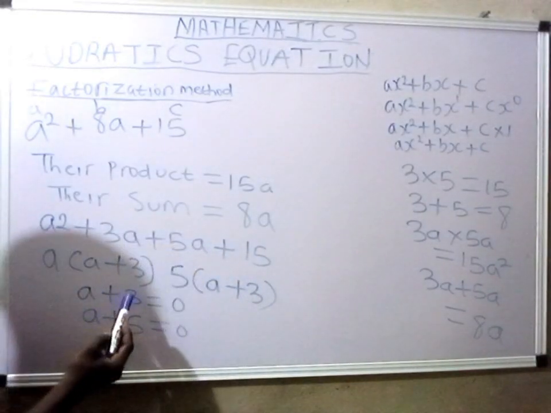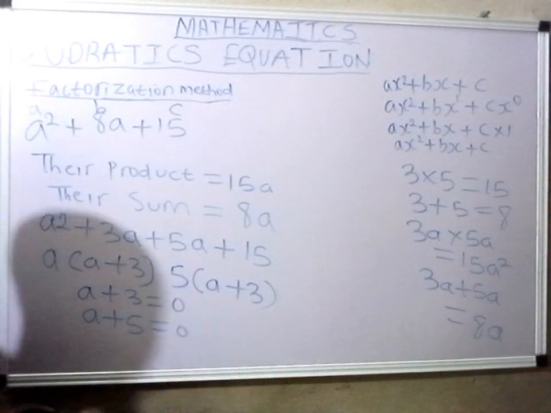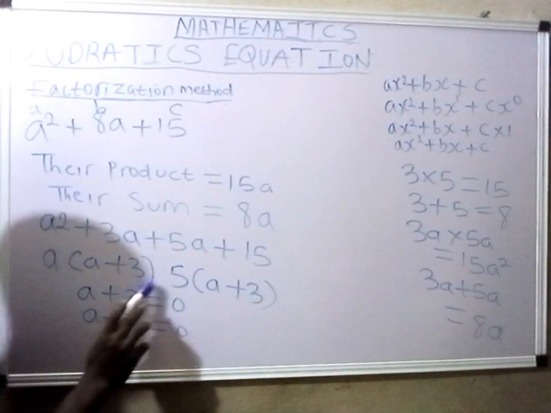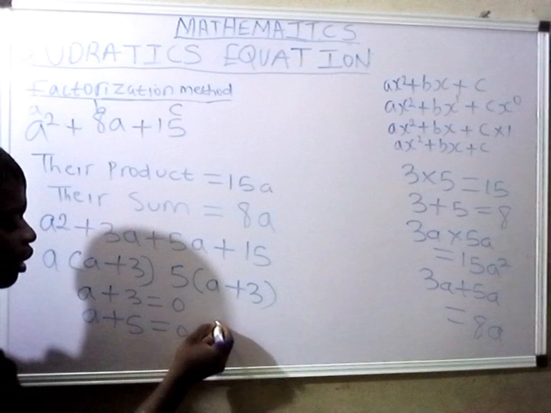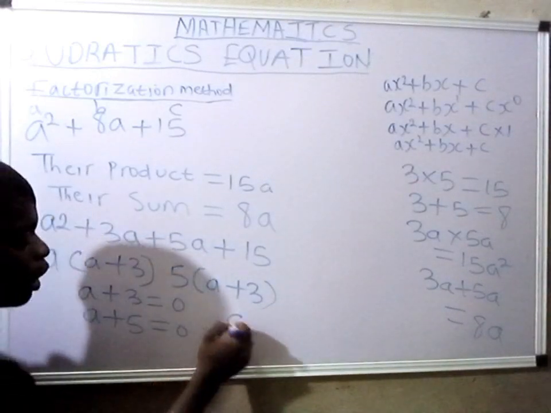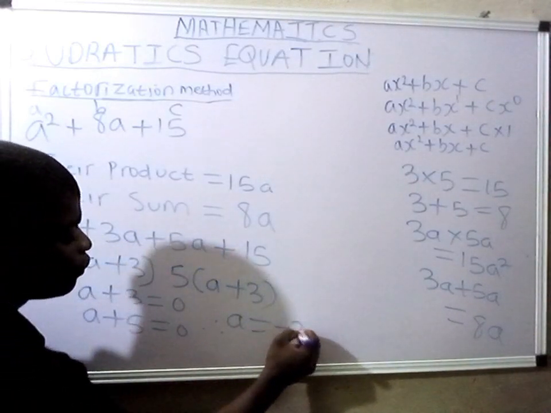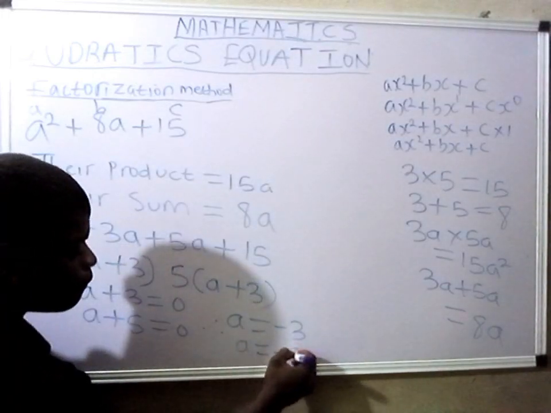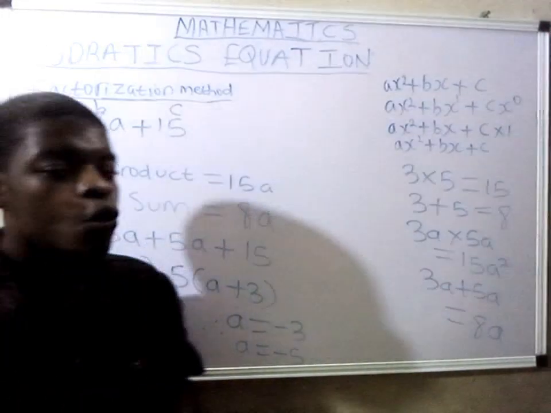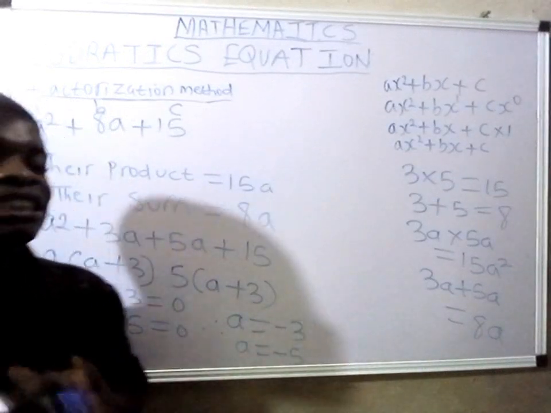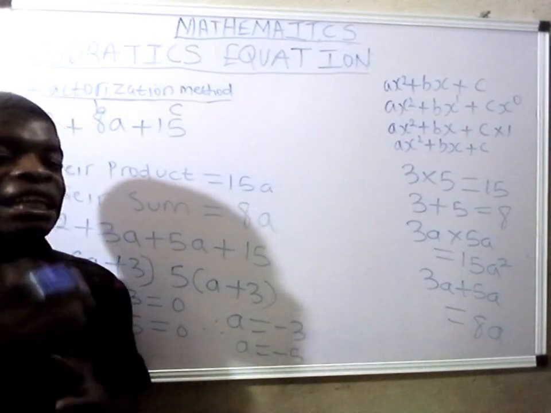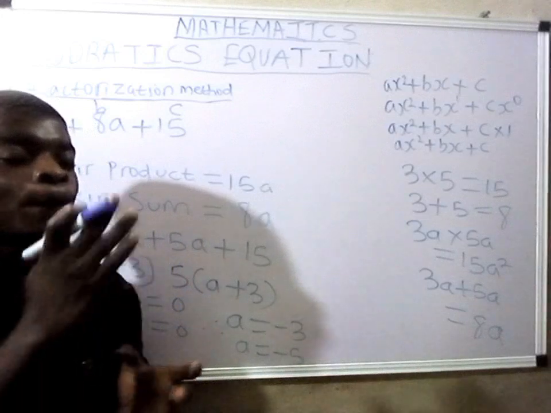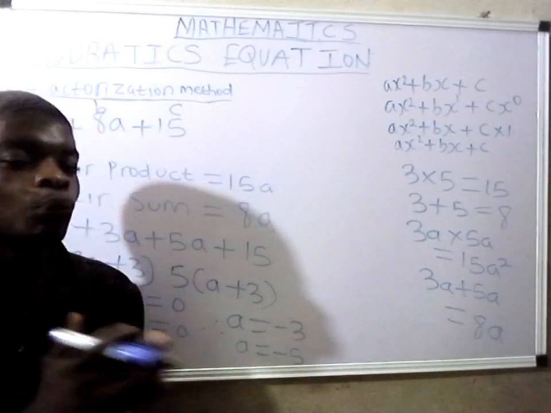So we can bring this value out of the equality sign by saying therefore a equals minus 3 and a equals minus 5, because whenever a term crosses an equality sign, the sign must change either from positive to negative or negative to positive.